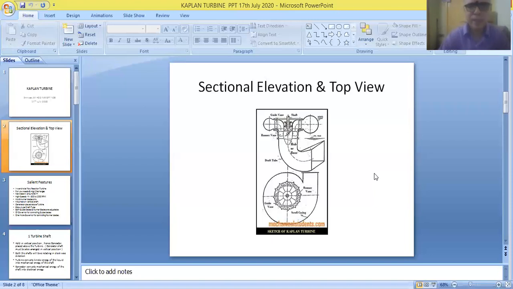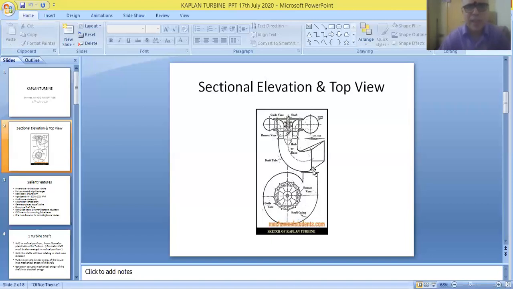So friends, the draft tube is fitted to the outlet of the runner. Water coming out of the runner will be entering the draft tube, and the area of the tube is again increasing in the direction of the flow of water. So pressure energy of the liquid increases. That means the kinetic energy will be getting converted into pressure energy of the liquid.